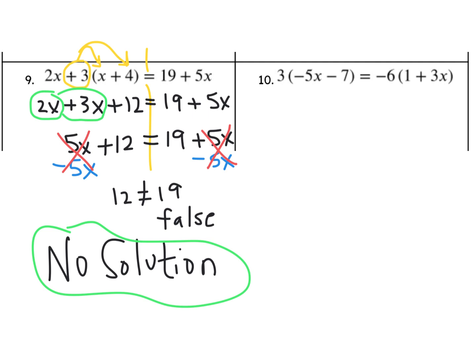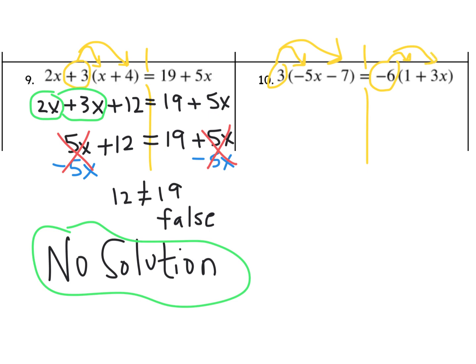Let's move on to number 10, a multiple step equation. And it looks like we have to distribute on both sides this time. But we can do it. We're going to go 3 times both terms here, and then this negative 6 gets distributed to both terms inside those parentheses.